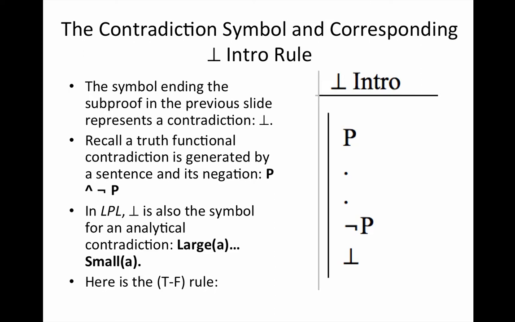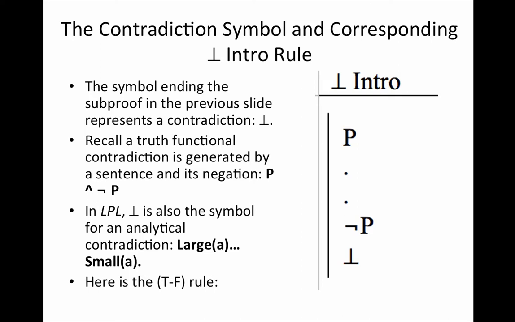When we have another type of contradiction in our version of the system, when we have what's known as an analytical contradiction, that is a contradiction based on the meanings of the terms that we're using, then we can use the contradiction symbol, but we do not use as a justification the contradiction intro rule.